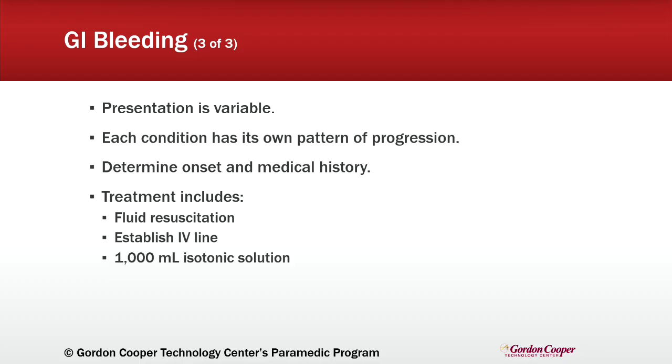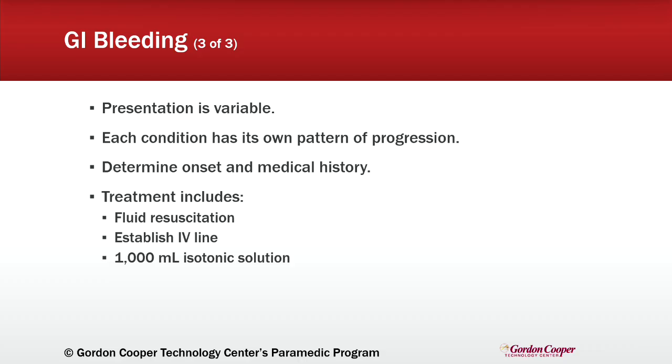Check if they're on any meds that affect blood clotting, such as blood thinners, that may cause some bleeding in the GI tract. Ask how long the symptoms have been going on, so you can make a determination of how much blood loss they may be suffering from.